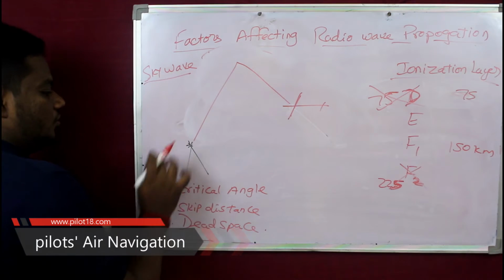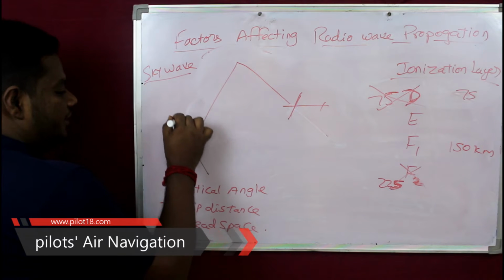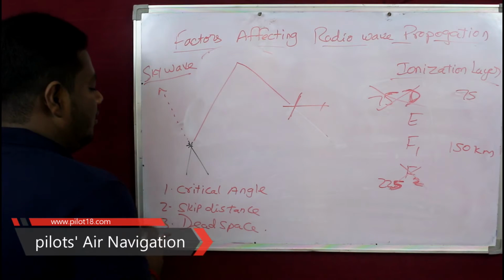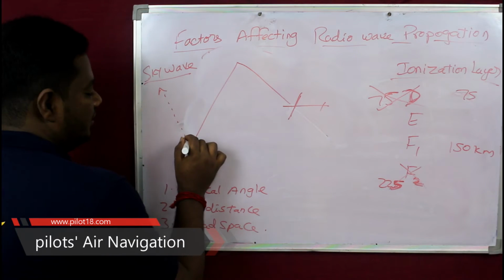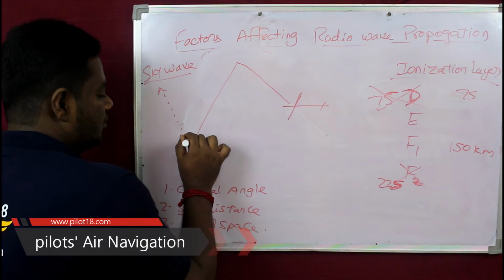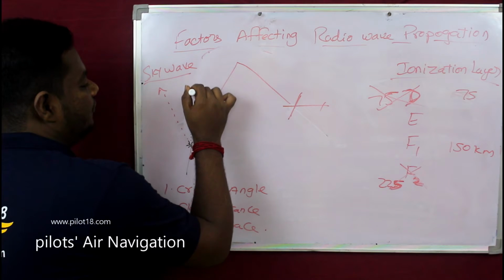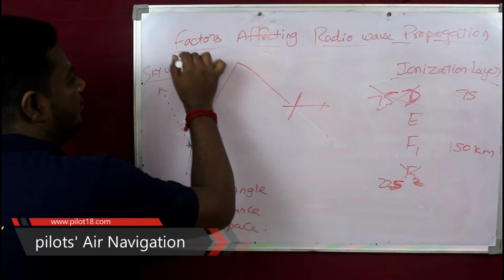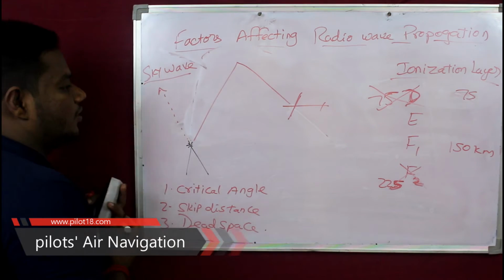This is my vertical plane, and this is my transmitter. When the radio wave starts to travel, radio waves actually travel in all directions, right? If the radio wave was initially traveling in this way, it would have escaped.